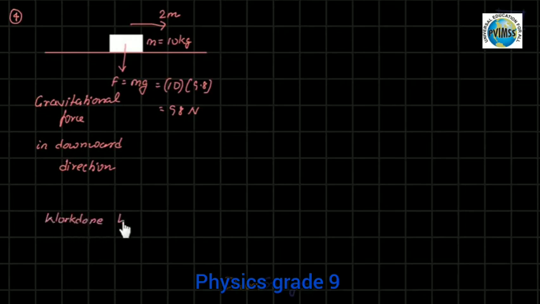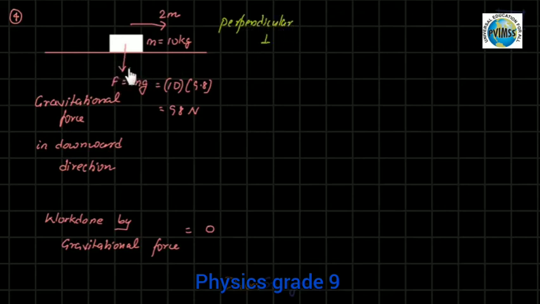Okay, so work done by this gravitational force will be 0. Why is it 0? What is the reason behind this? You can see here, students, that the box is traveling a distance of 2 meters and the force is acting in the downward direction.